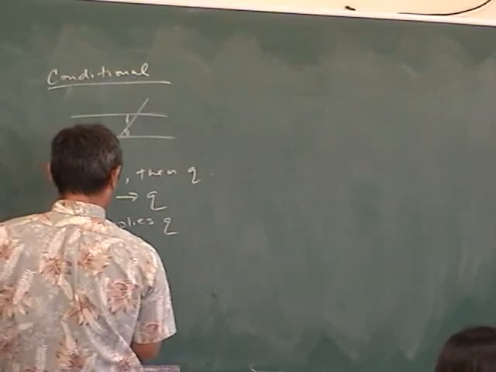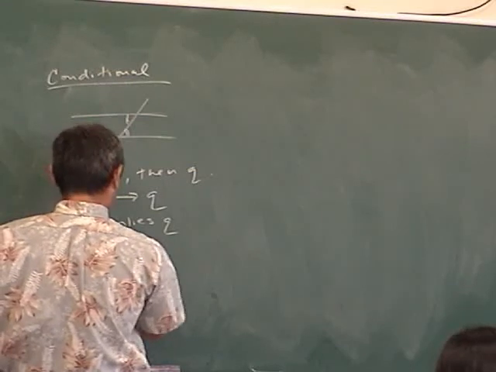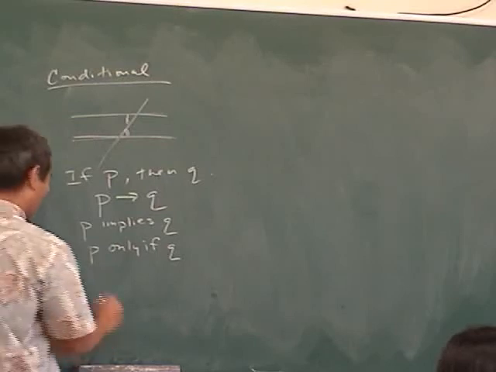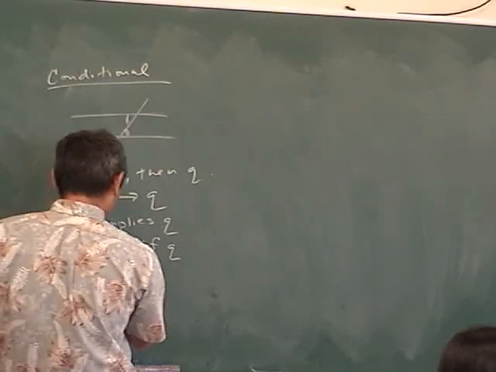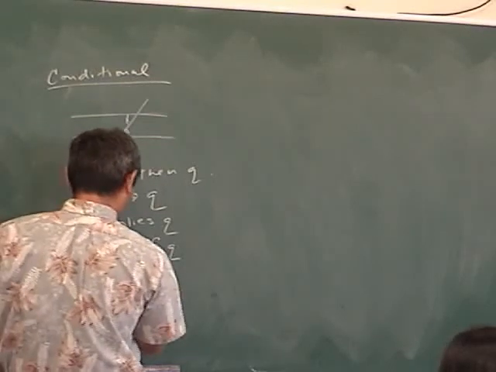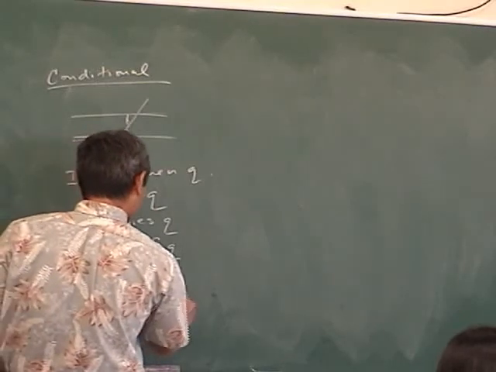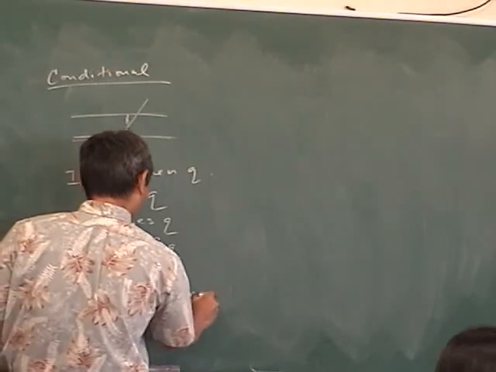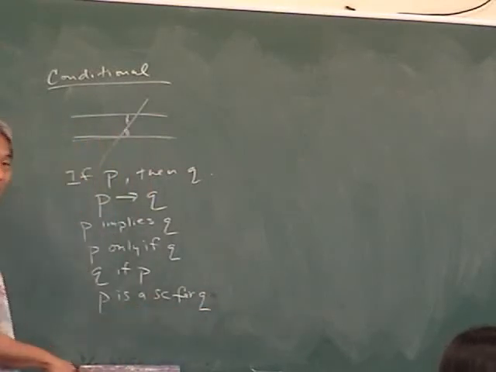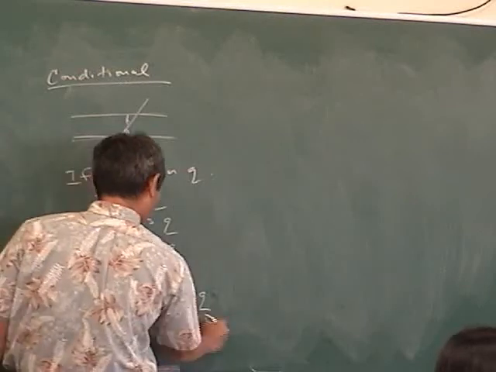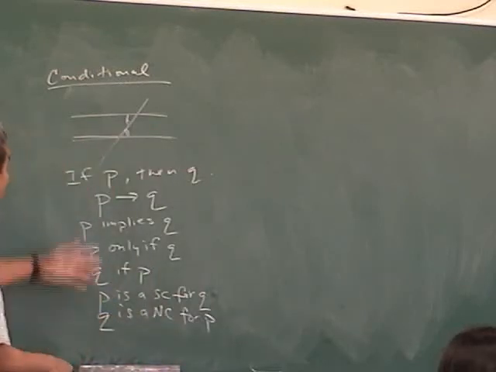P only if Q. Q if P. P is a sufficient condition for Q. Q is a necessary condition for P. All of these things mean the same thing: if P, then Q.